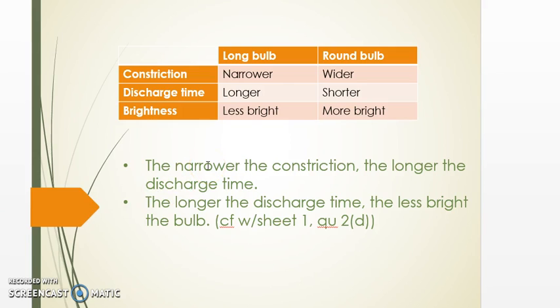And obviously the answer is that the capacitor has a fixed amount of energy, and so in both discharges, whether through the long bulb or the round bulb, the same amount of energy is discharged. If it's happening over a longer time, then a smaller amount of energy conversion is happening per second, and that is why the long bulb is less bright.